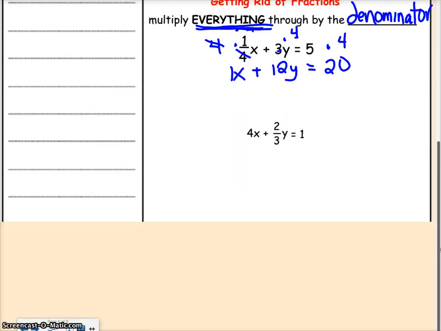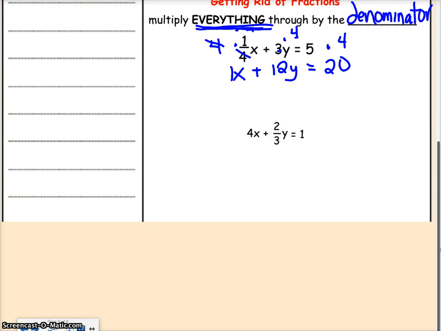Okay, so next one, 4x plus 2/3y equals 1. What do I need to do? Times the denominator by 3. So I see which one is the fraction, this 2/3, and I need to get rid of it.